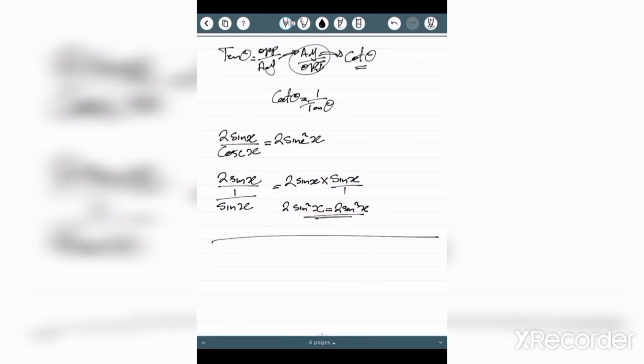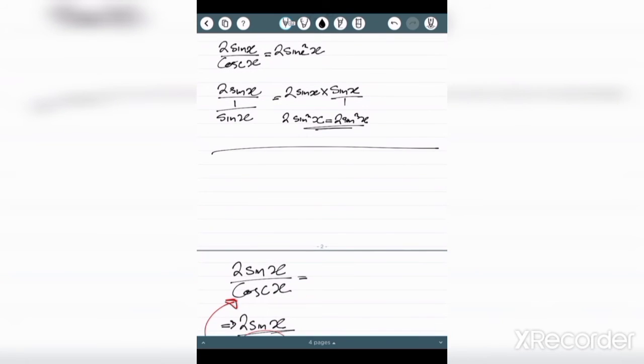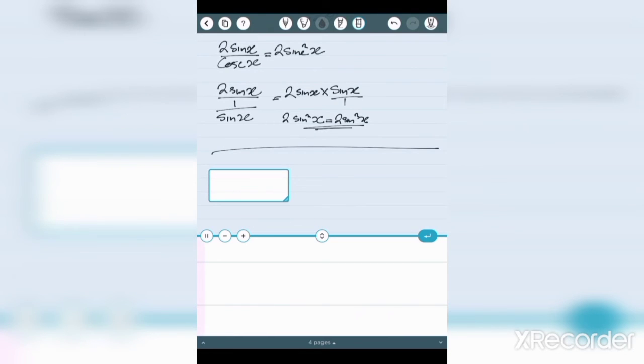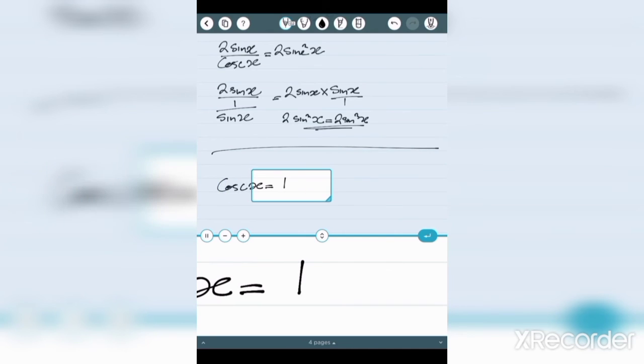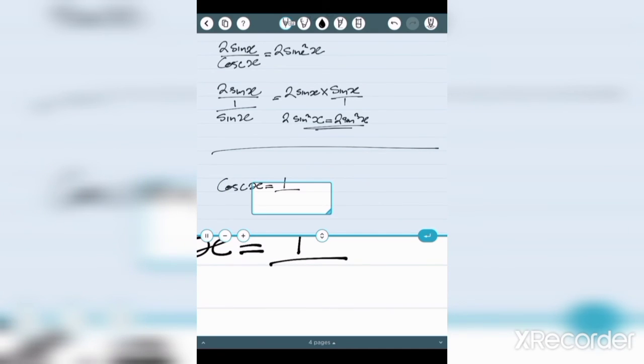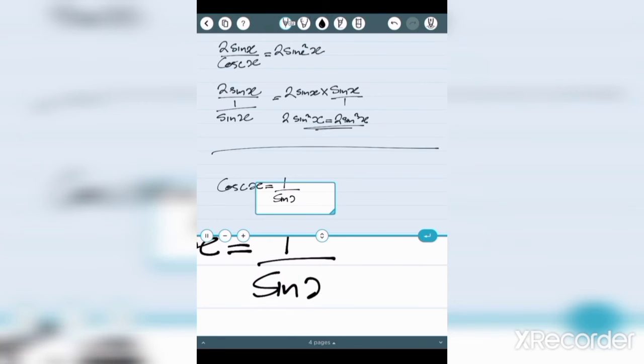So now, before we go any further, I want us to realize that these can also be expressed in a number of ways. So we started with sine. Let's do this. So we said cosec x is equal to 1 over sine x.